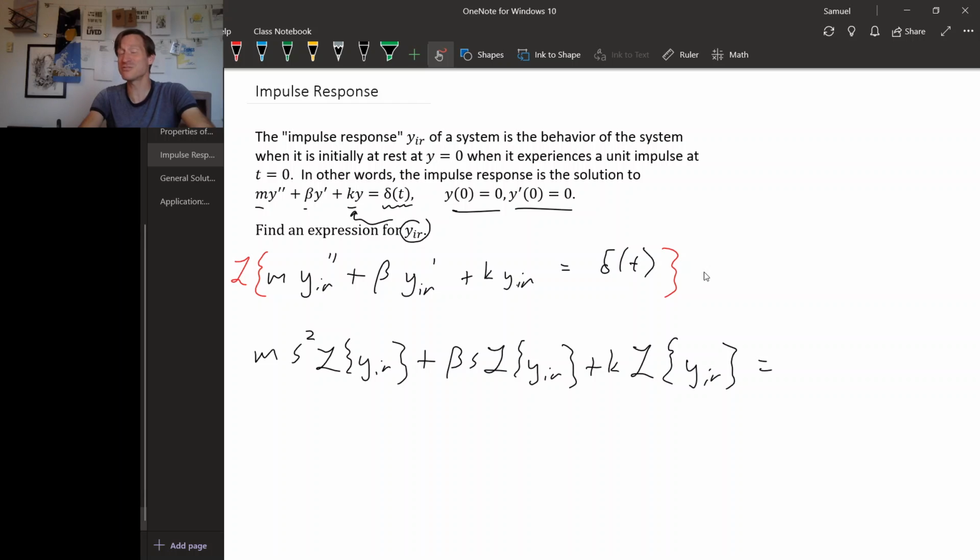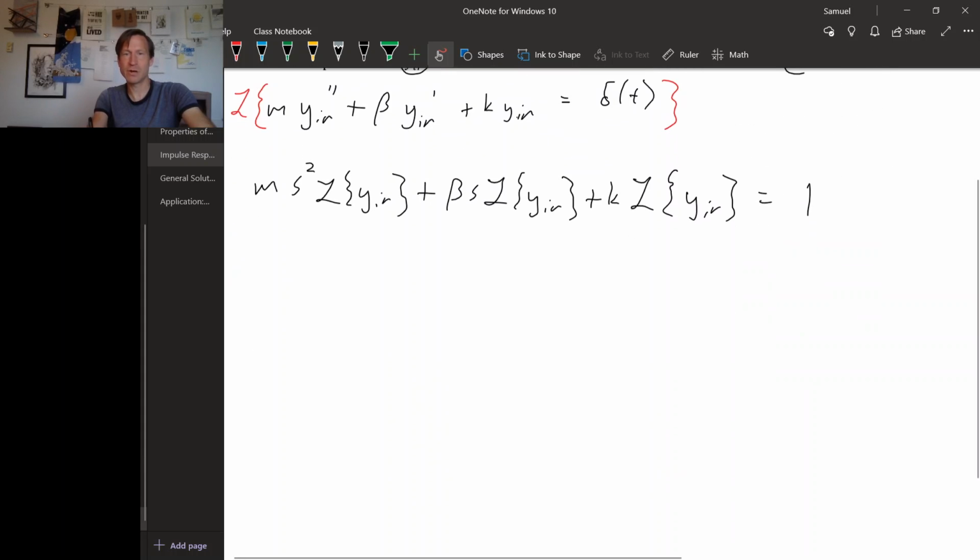But remember, the Laplace transform of delta is 1, the unshifted delta. In general, the Laplace transform of delta with a shift c is e to the minus cs. But if your shift is 0, then this is just e to the 0, so it's 1. Okay, so now we're solving for the impulse response. On the left-hand side, let's factor out the impulse response.